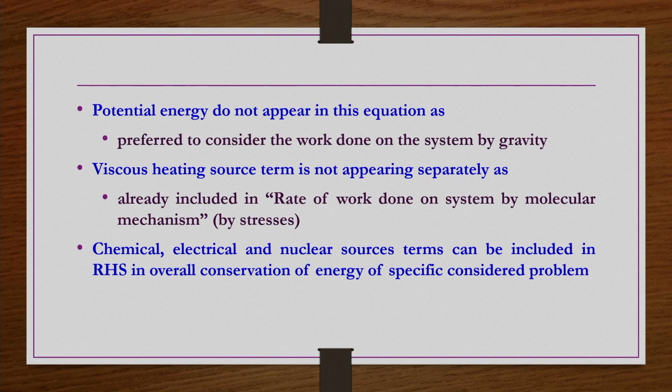How it is taken care of, we are going to do when we write a mathematical form of these individual terms of equation number 1. Further, any additional energy source terms, like those due to chemical, electrical and nuclear sources, can all be added in the RHS of equation number 1.